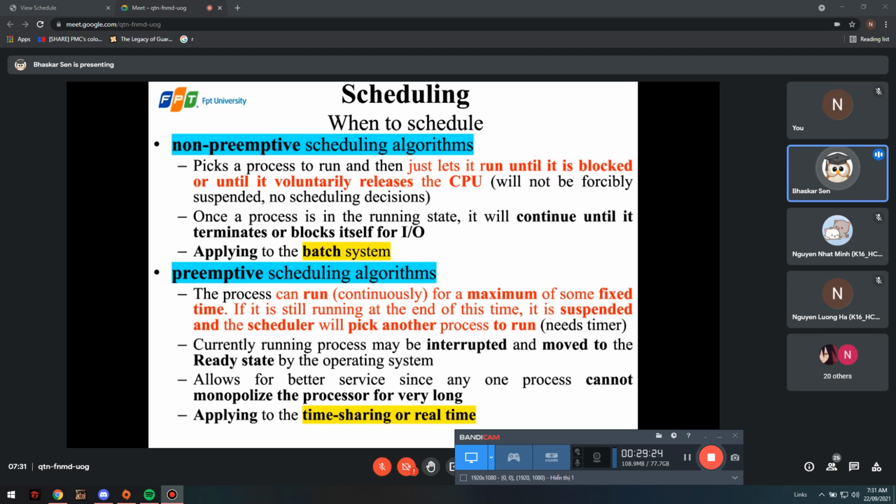So they make an assumption that a process might take just this much time to keep running. That is an assumption that they make, and this assumption is very important.